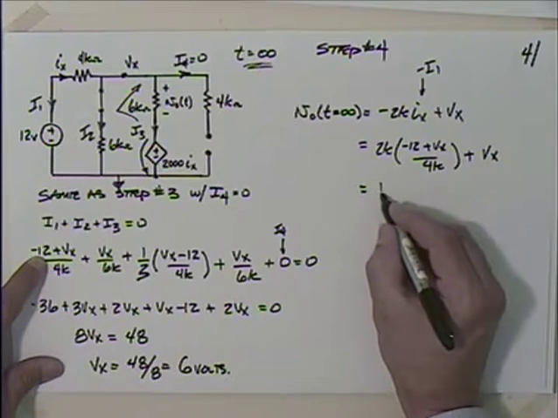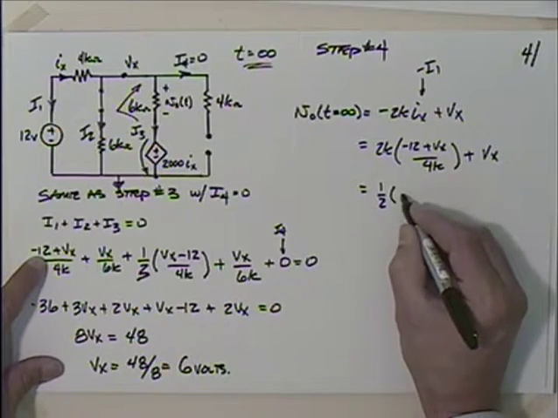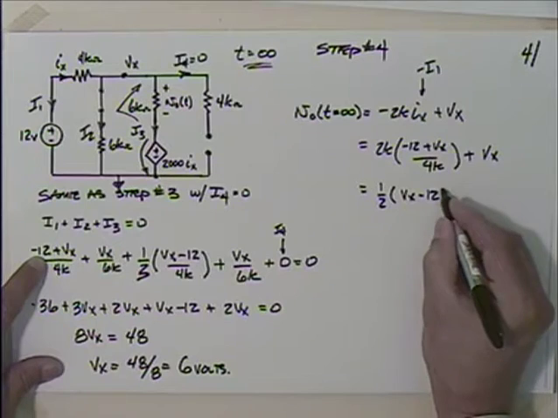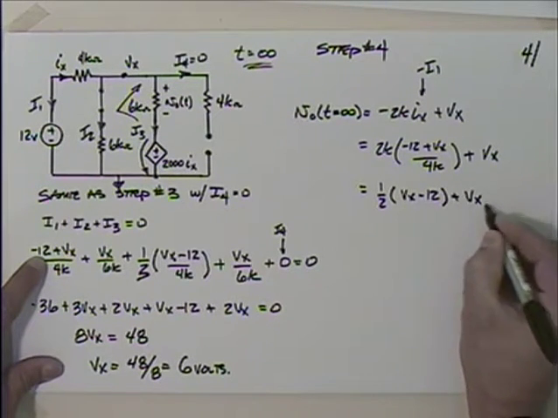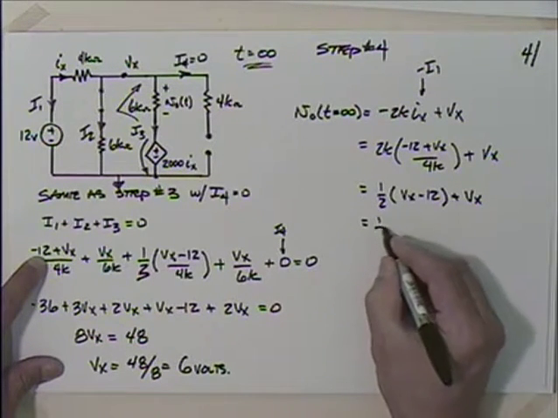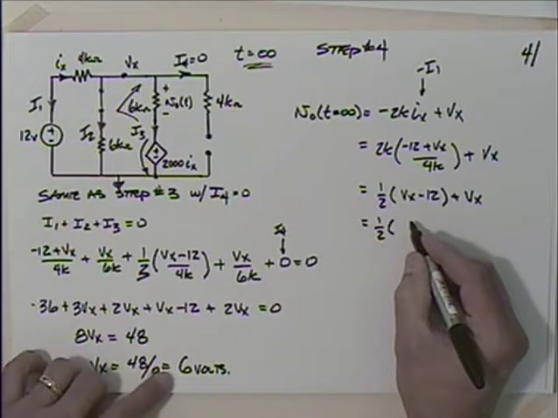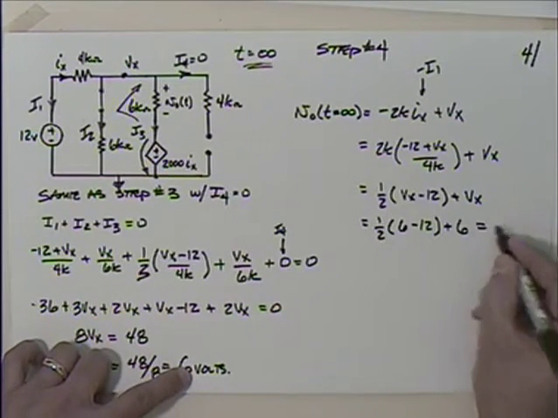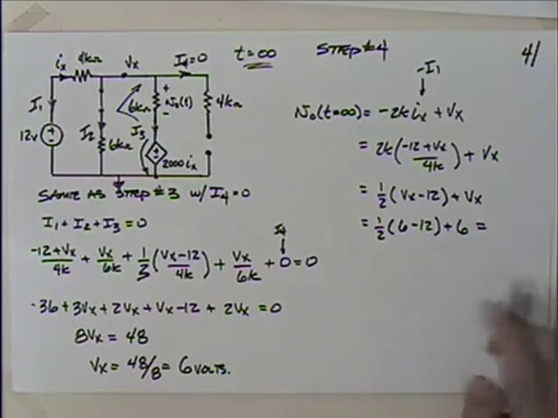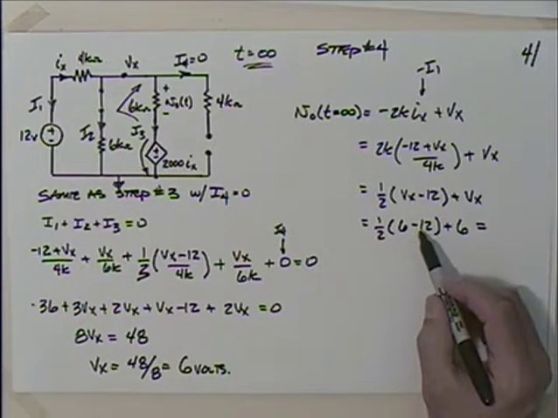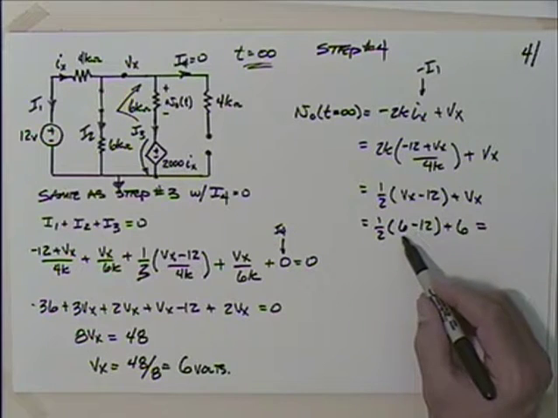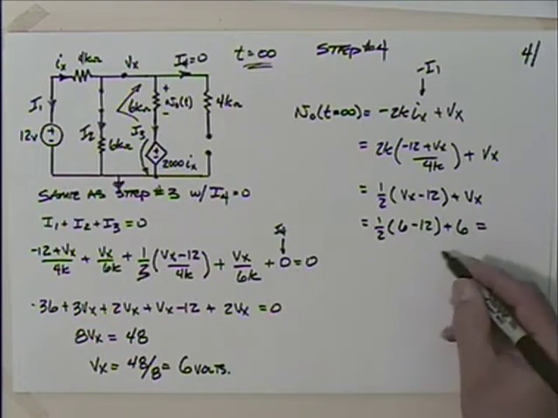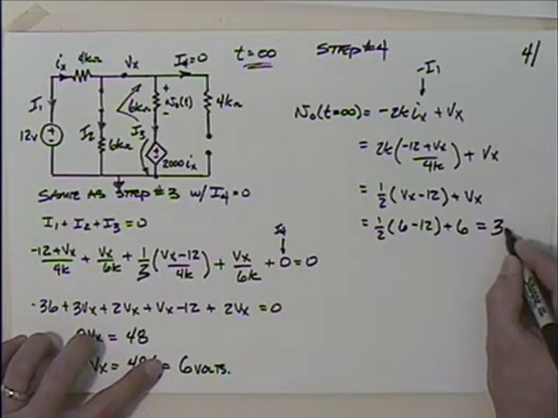So I have a half times Vx minus 12 plus Vx. So I have a half times Vx, and we say that was 6 minus 12 plus 6, which gives me, what, 6 minus 12 gives me minus 6, so minus 3, so I come up with 3 volts, don't I?